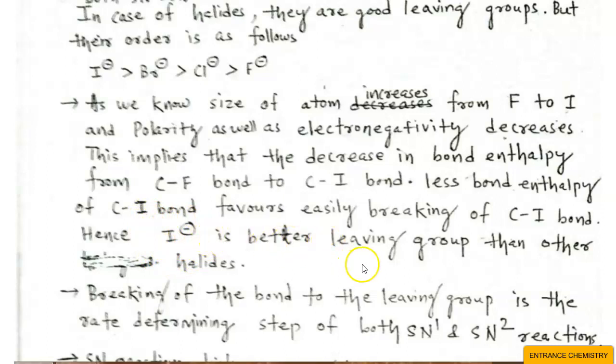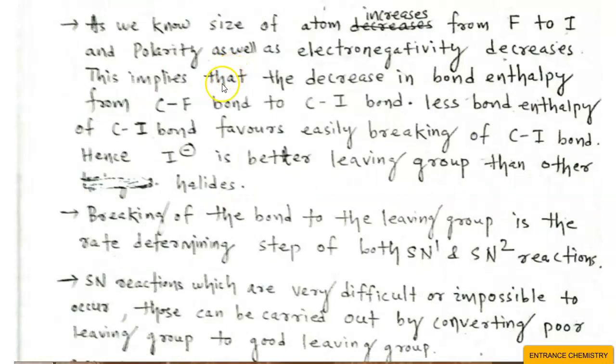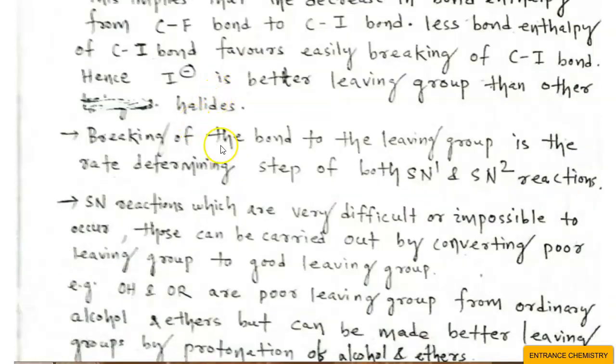Hence I minus is a better leaving group than F minus. Also, I minus is a better leaving group than other halides. Breaking of the bond to the leaving group is the rate determining step of both SN1 and SN2 reactions.